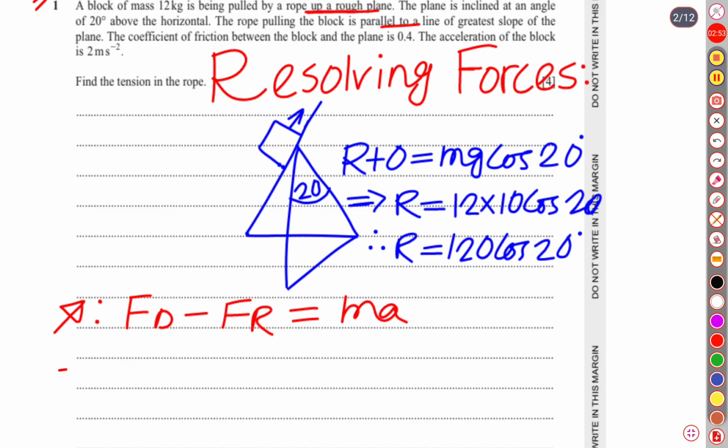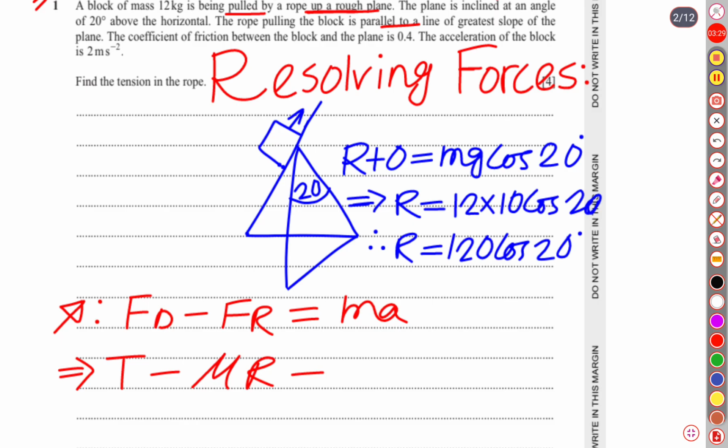So the driving force is the tension, the rope is actually pulling the box upward, this is the rope. So the driving force is nothing but the tension in the rope, minus there is a constant frictional force which is mu R. Because the plane is rough, we should not ignore the frictional force caused by the plane.